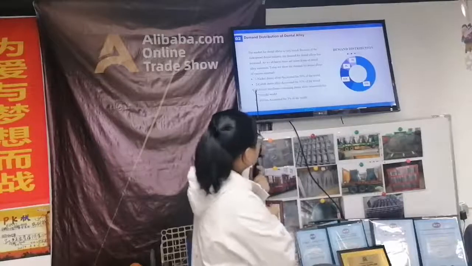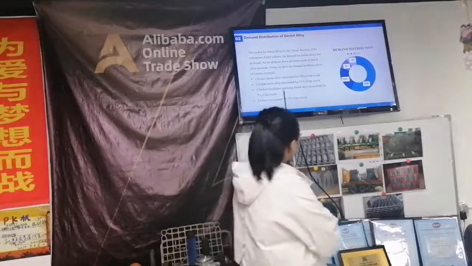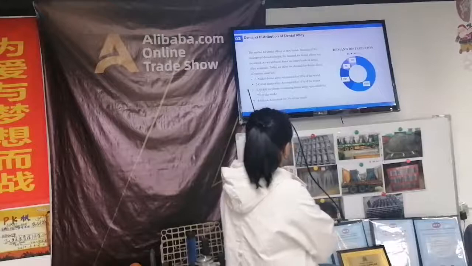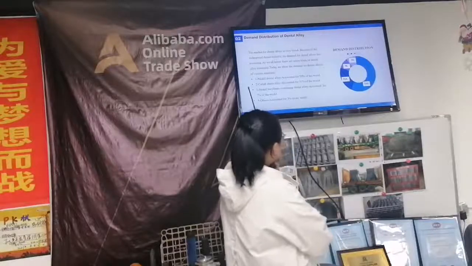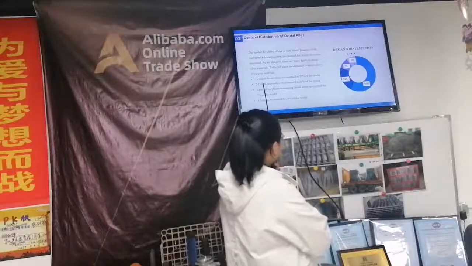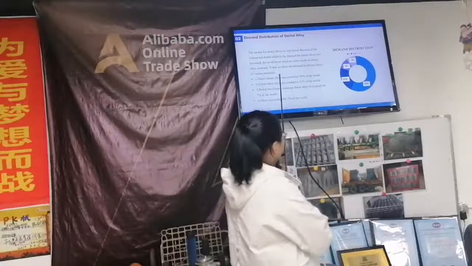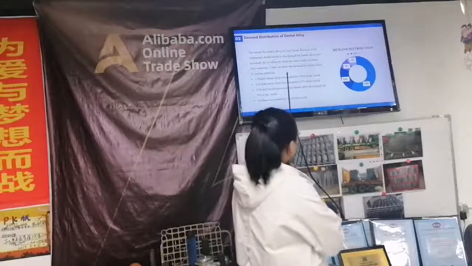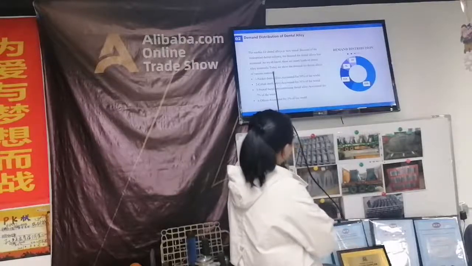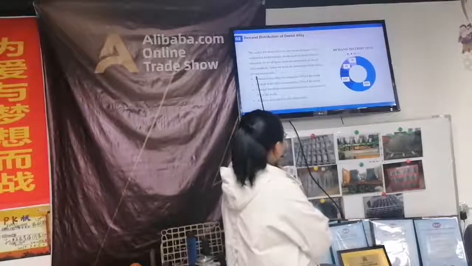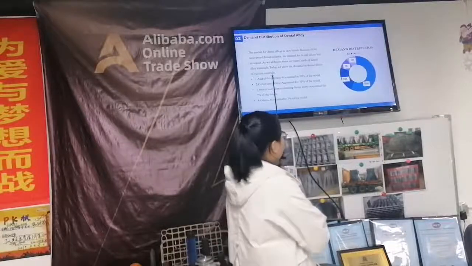The demand for dental alloy has increased. As we all know, there are many kinds of dental alloy materials. Today, we show the demand for dental alloy of various materials.